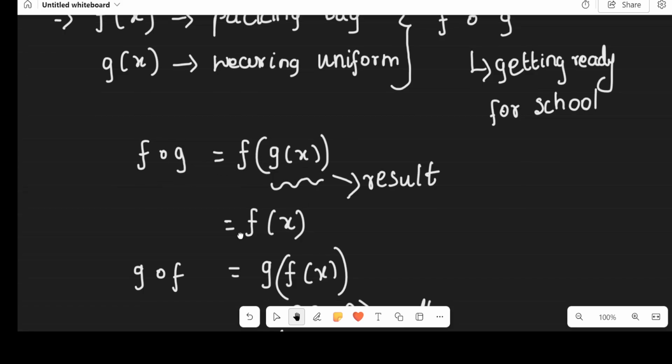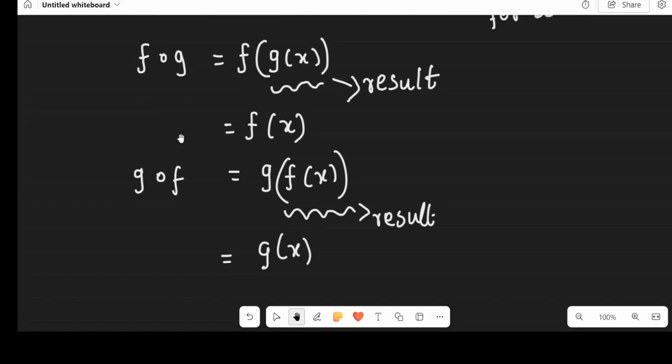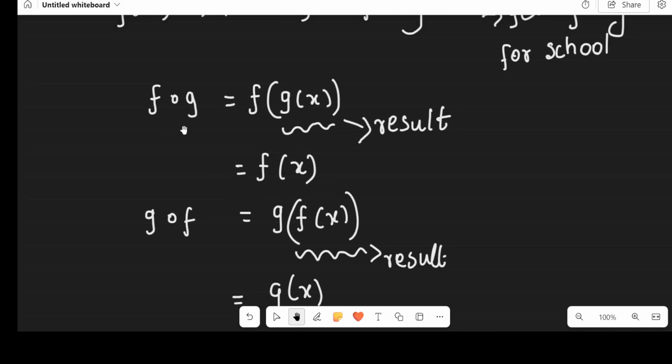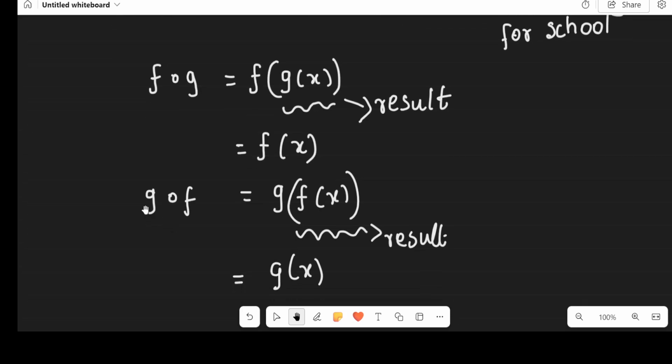One more thing is there. If you need to find out g of f, what you have to do? You have to apply f of x first. After applying that f of x, you will get one answer. That answer should be applied in the first function, that is g of x.